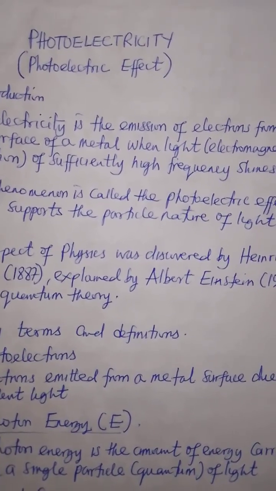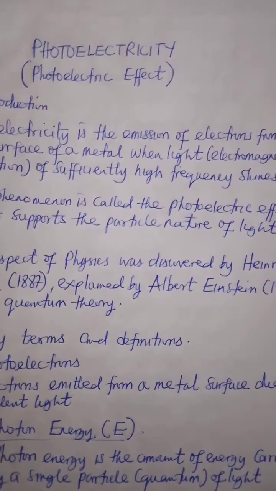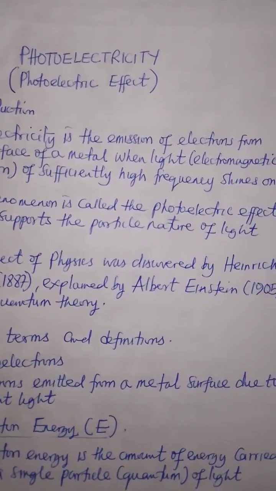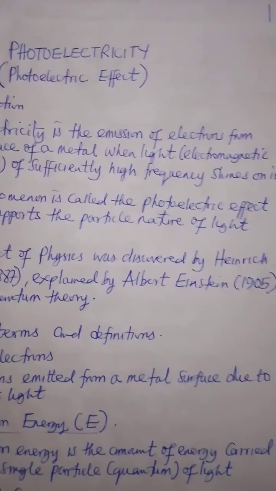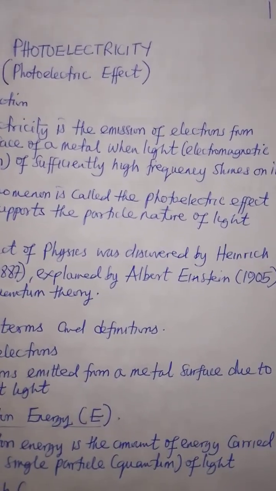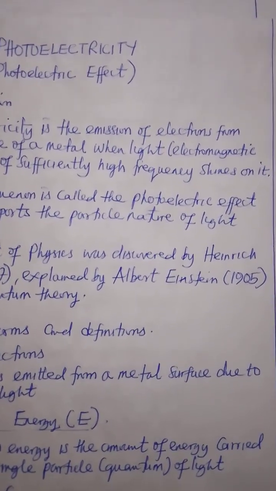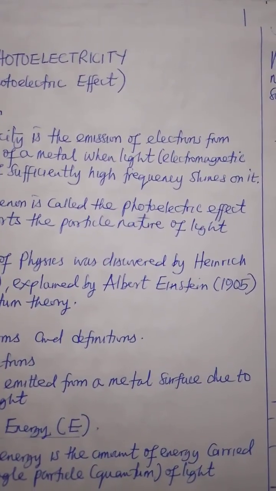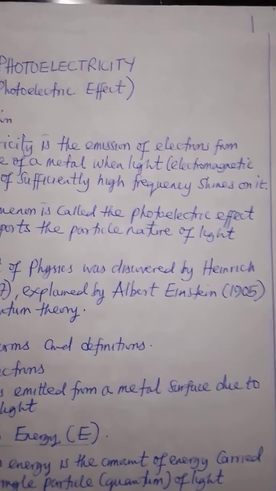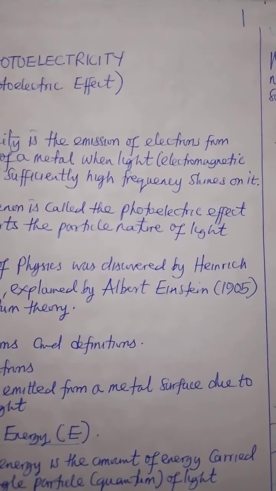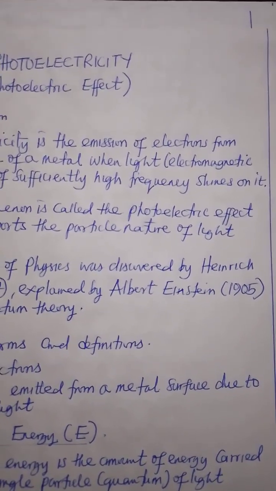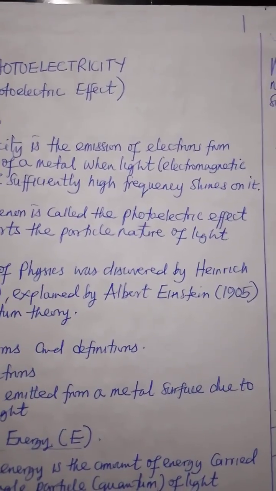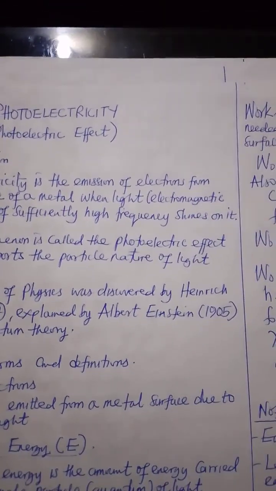Let's try to see what we have just done. For electrons to be ejected from the surface of the metal, the frequency of the light shining on the metal must be greater than the threshold frequency of the metal, or the wavelength of the light shining on the metal must be shorter than the threshold wavelength.